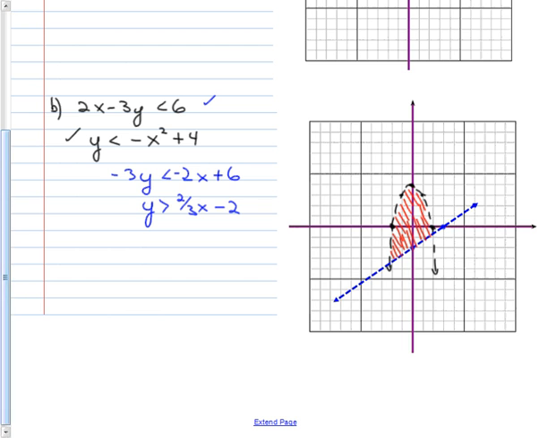Sixteen. Solve a linear programming problem. Maximize 12x plus 5y, subject to. I'm going to take that first equation and solve for y. So I'd have to subtract my x and divide by 4.